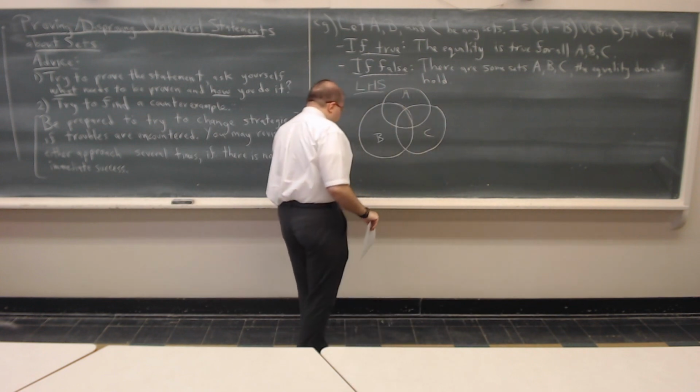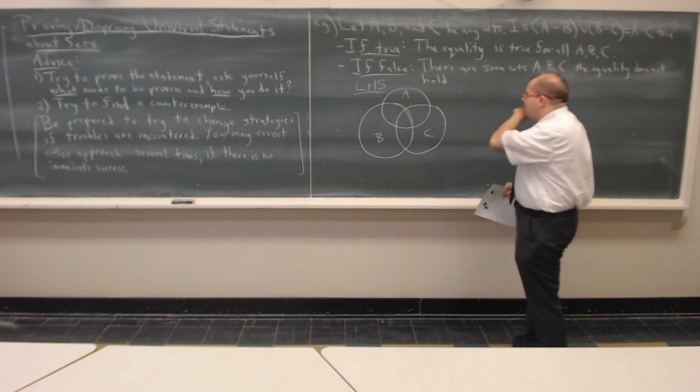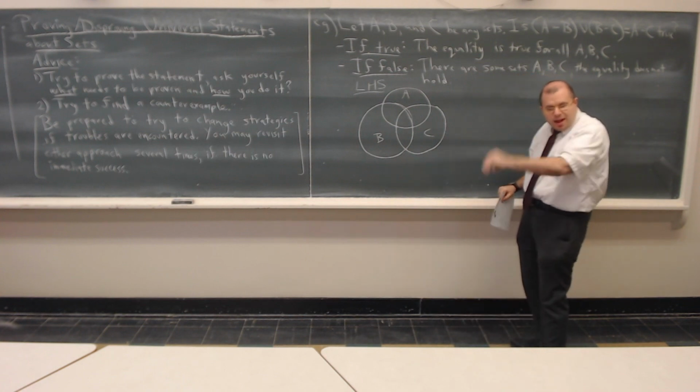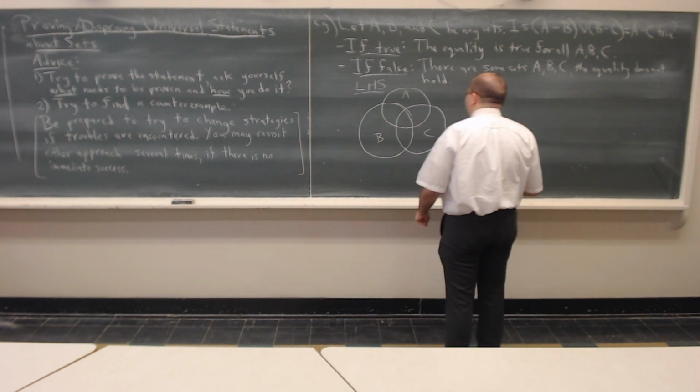Just to make this a little easier to visualize, I'm going to shade with a diagonal set of lines to indicate the difference between them. And then we'll see what happens.